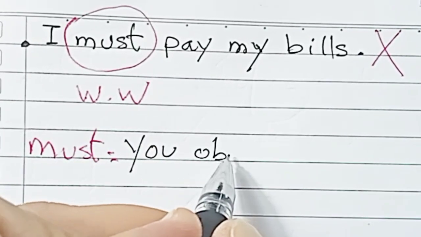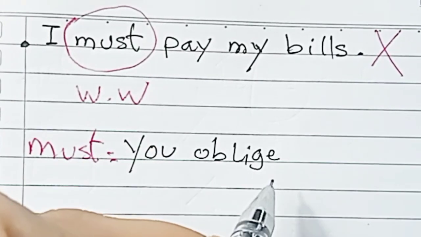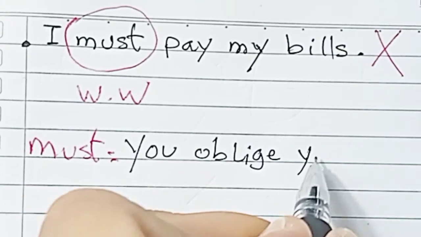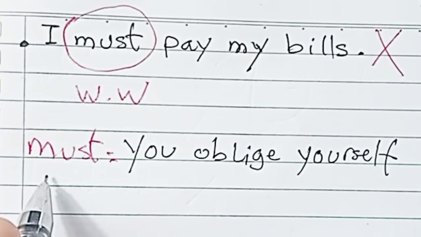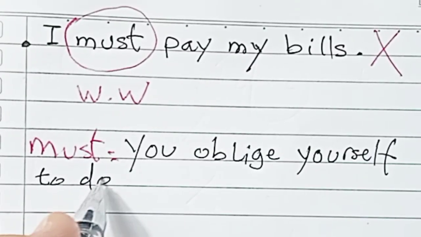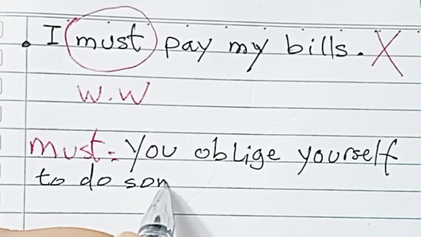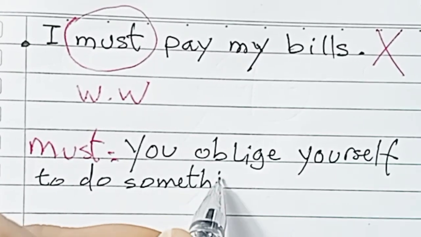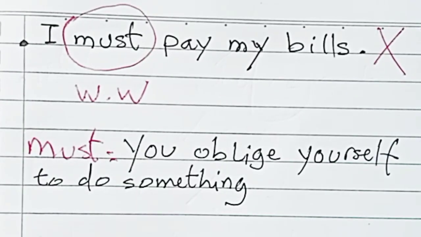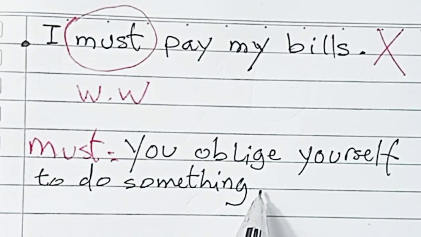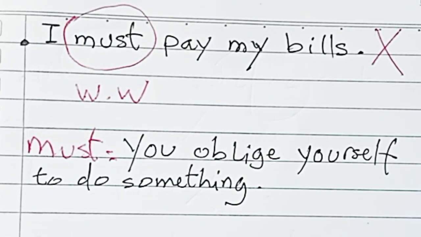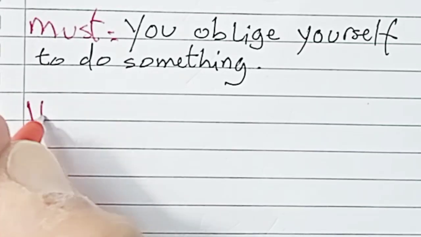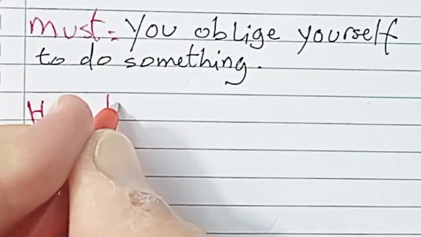It means you are obliged by yourself. You oblige yourself to do something. There is no outside obligation. The obligation comes from the inside, from yourself. Okay? So must is you oblige yourself to do something.